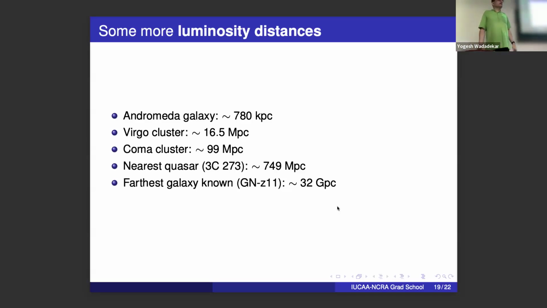Why is the size of the observable universe finite? Because the speed of light is finite, and what else is finite? The age of the universe is finite. Because the speed of light is finite and the age of the universe is finite, the size of the observable universe is finite. The universe is today about 13.7 billion years old.